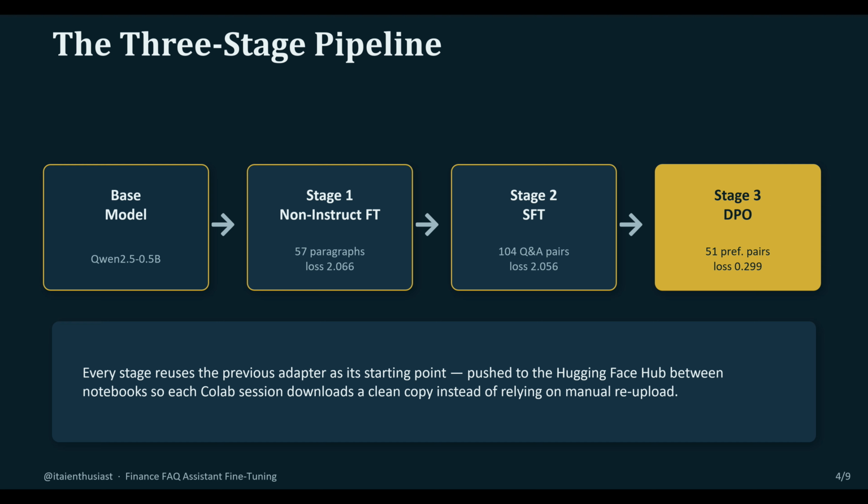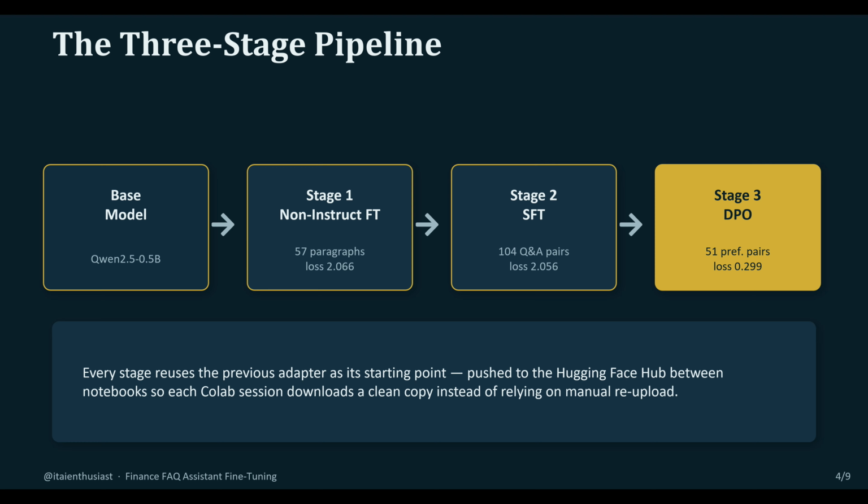One engineering detail that actually bit us during recording. Each notebook runs in its own fresh Colab session, so the adapter from the previous stage has to be reloaded every time. Our first attempt at the DPO notebook crashed because we forgot to re-upload the SFT adapter.